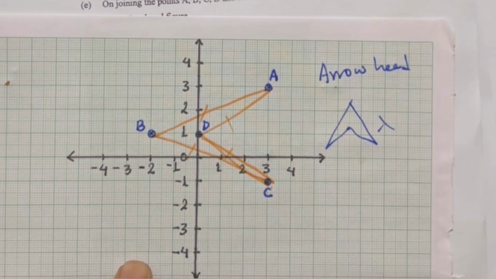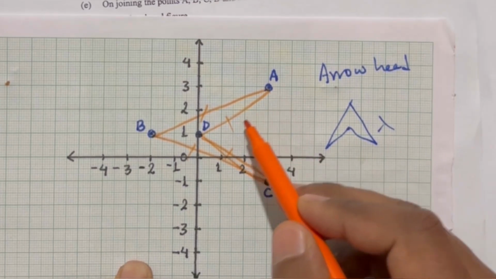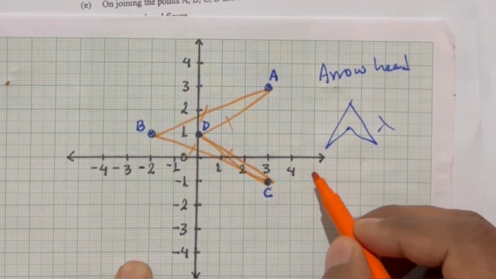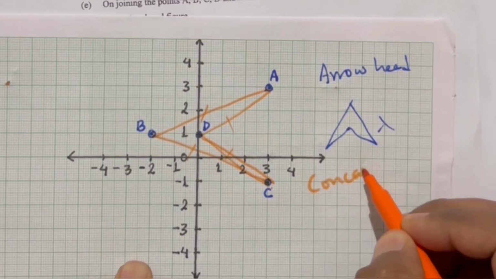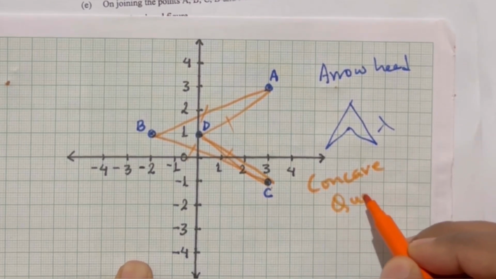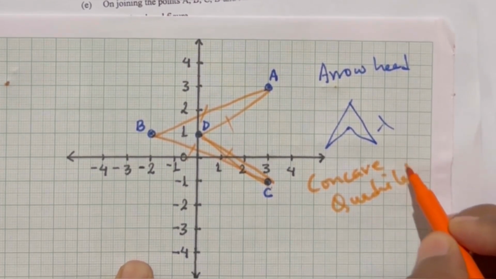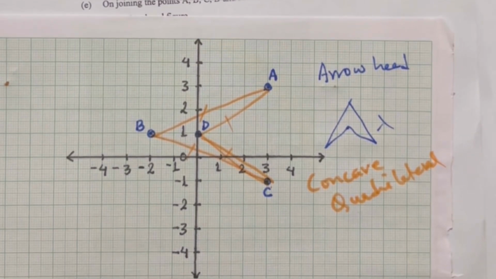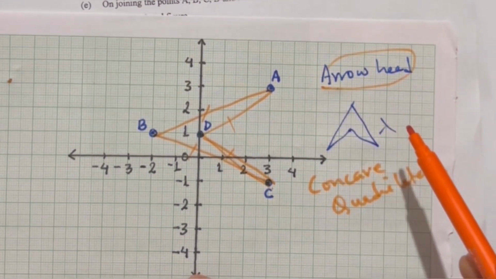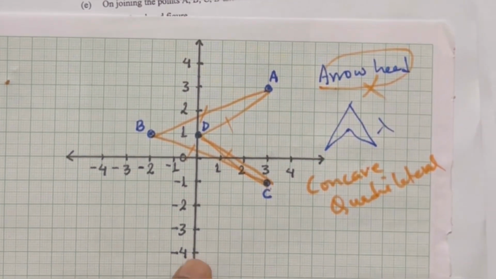So this is a quadrilateral, 4-sided means quadrilateral, and here one of the angles is a reflex angle. So we call this type of quadrilateral a concave quadrilateral. To get the full marks, this type of figure should be named by counting the number of sides, but not arrowhead. If you write arrowhead, you will not get the full marks.